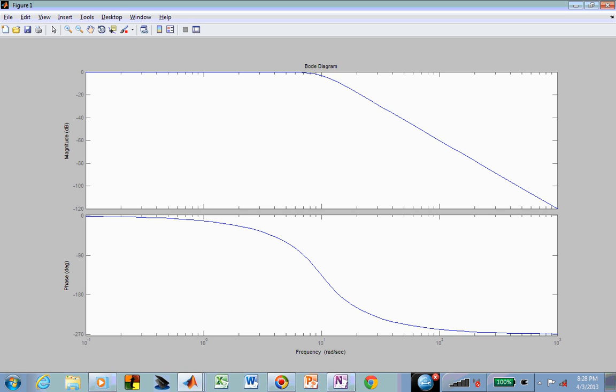If you look across a decade of frequency, you go from minus 60 dB at 100 to minus 120 dB by 1,000, which is the 60 dB per decade.